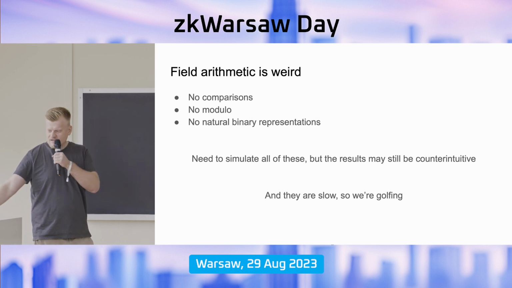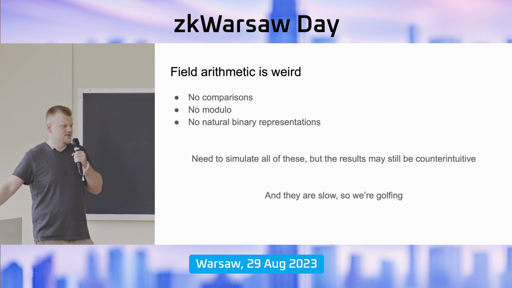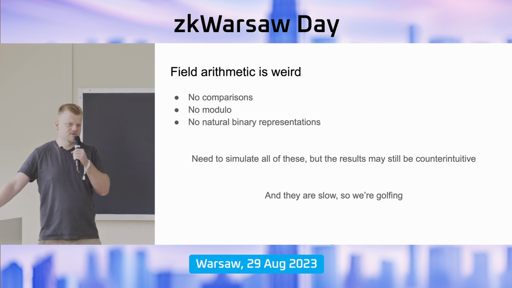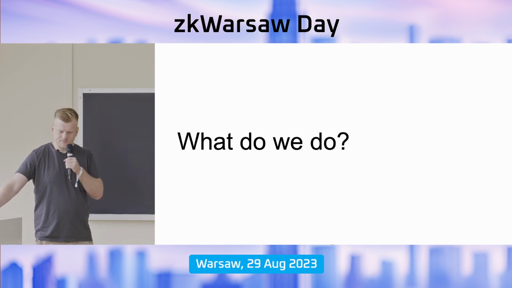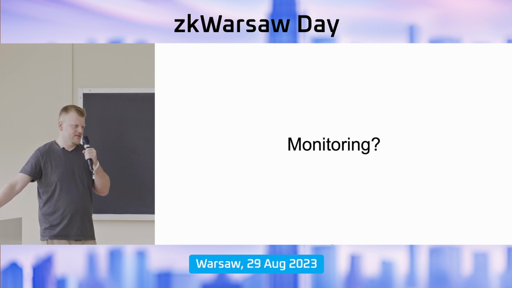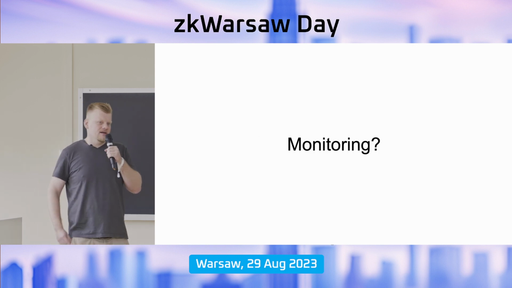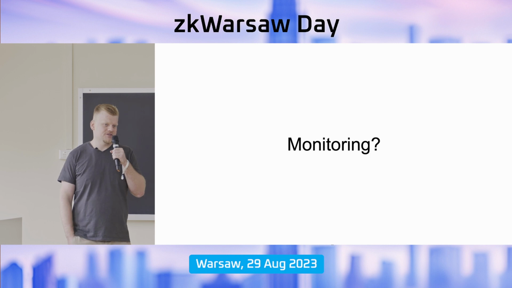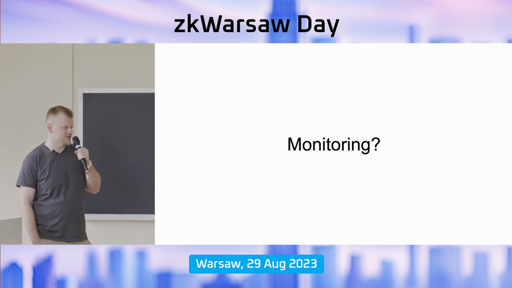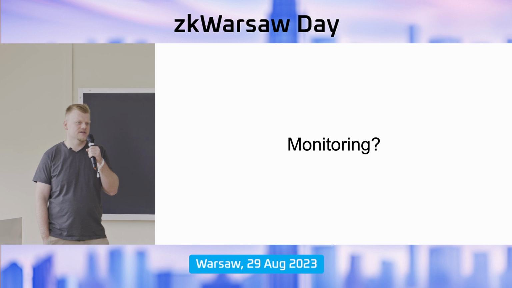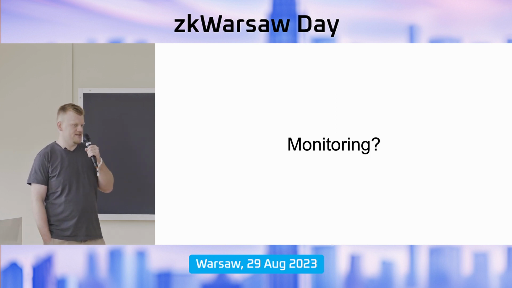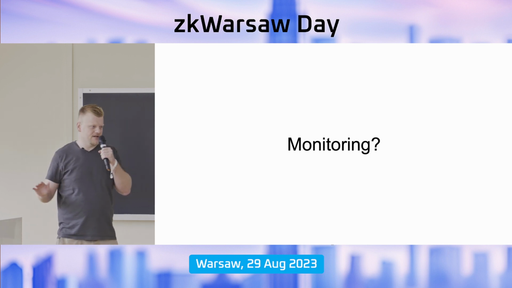So how do we deal with this situation? How do we actually prove that everything we've done so far is correct? Let's start with an obvious point that we may have here, which is, can we even monitor these systems? Let's say I wrote a ZK protocol and I've deployed it to mainnet and it's happily running and I'm monitoring it.